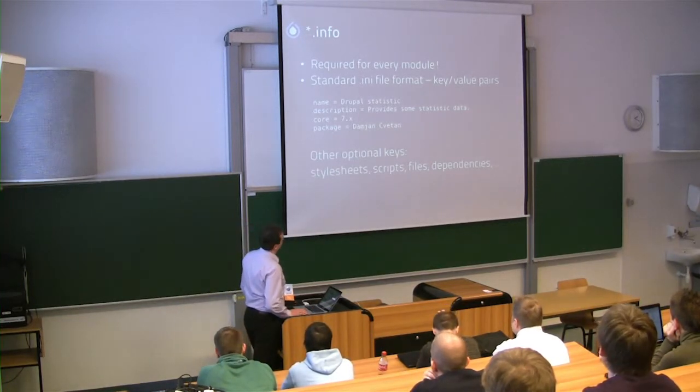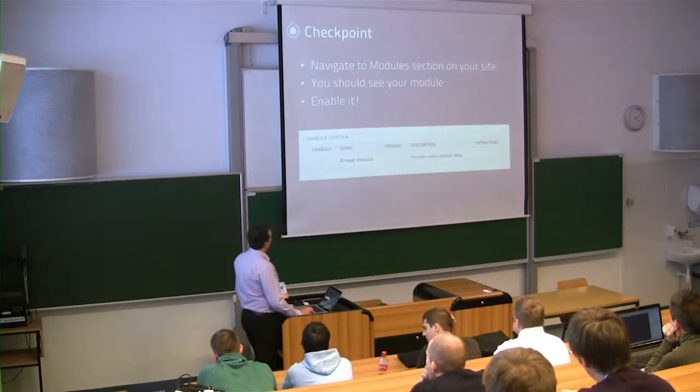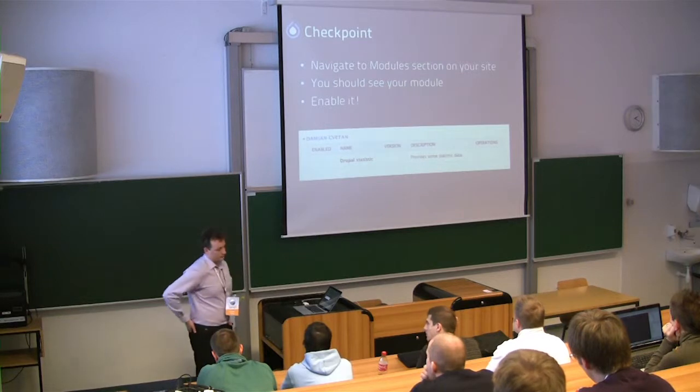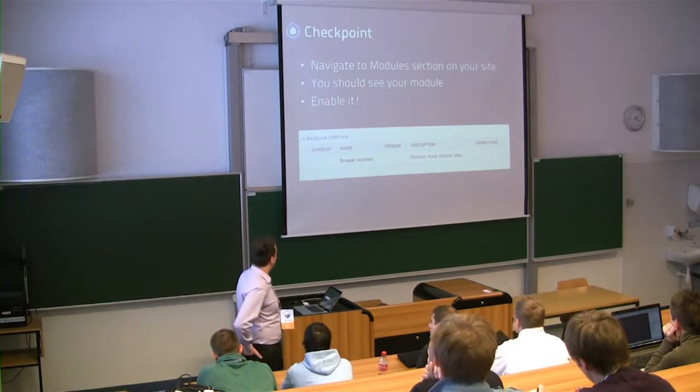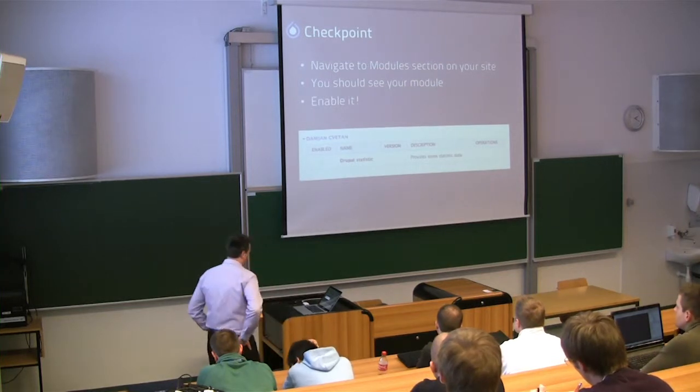So if you create all of this inside the right folder with the right permissions, when you refresh the module page on your Drupal site, you will be able to see your module in the module list.